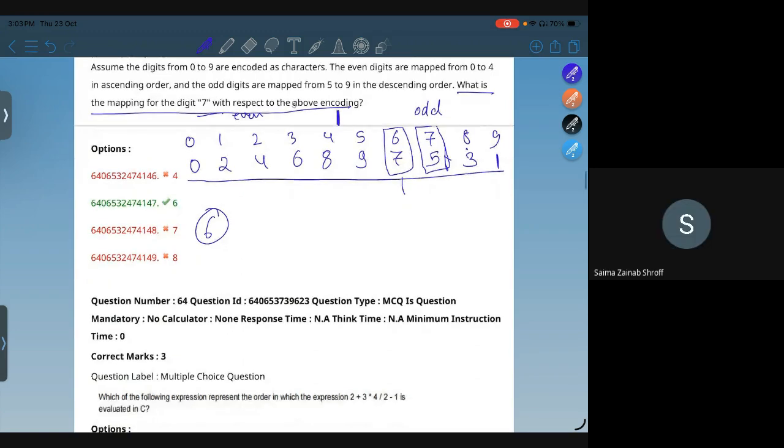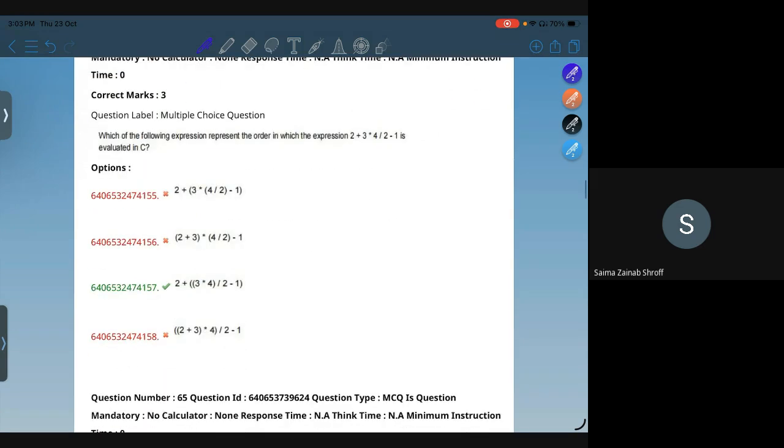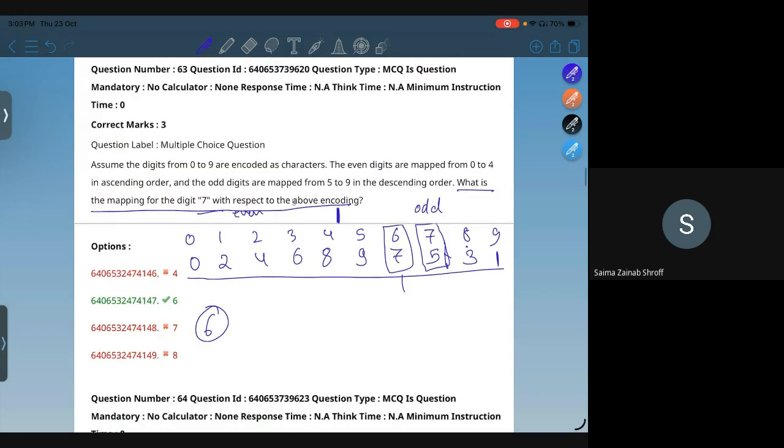If it was in the options, we might have to check the language. No, even if it is in the options, the answer is 6, because it is asking for the mapping for the digit 7.